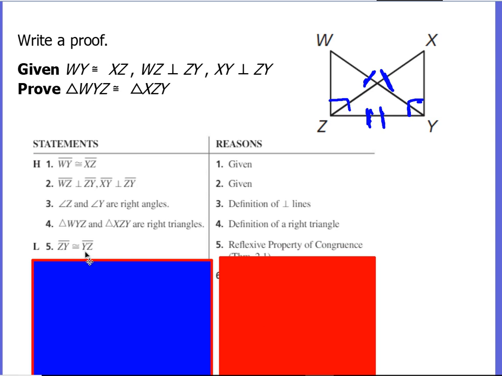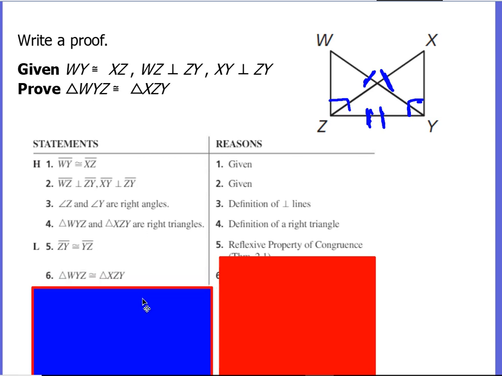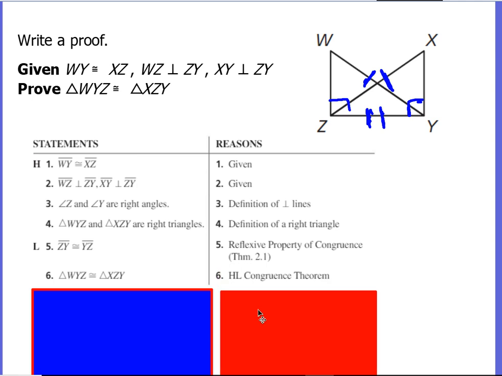Again, I switched the order in this case because Z matches with Y and Y matches with Z, respectively, in those two triangles. So hypotenuse, leg, I've proven it's a right triangle. I'm good to go. The two triangles are congruent by the hypotenuse leg theorem. And that is our first example utilizing HLT.